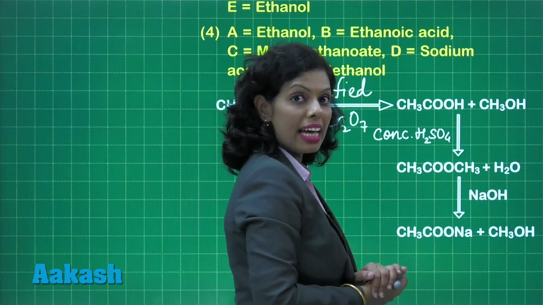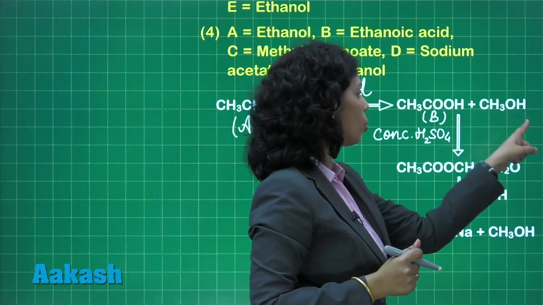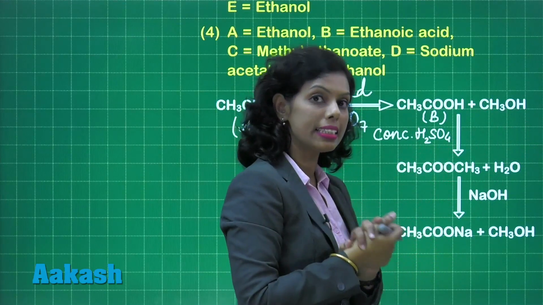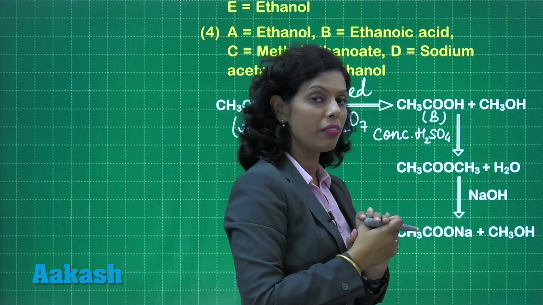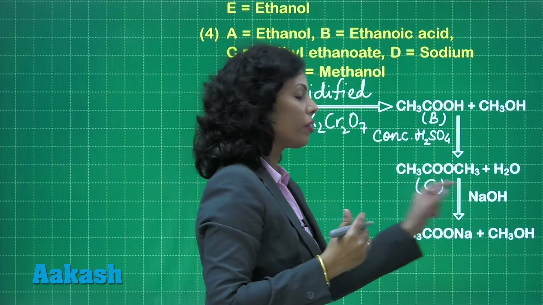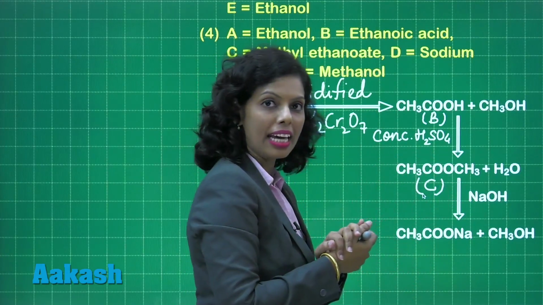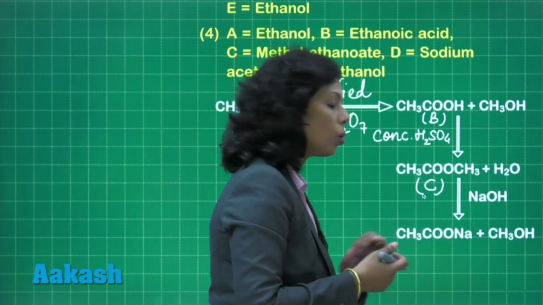When this ethanoic acid, that is basically B, combines with methanol in the presence of concentrated sulfuric acid, it produces the ester, that is the product of the esterification reaction, the compound C here. Now, in the presence of NaOH, when this ester is hydrolyzed, it will form the salt, that is CH3COONa.